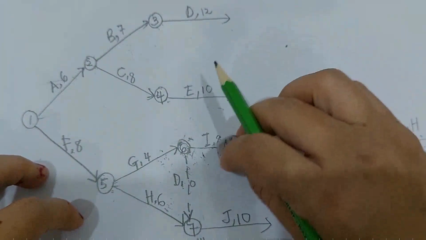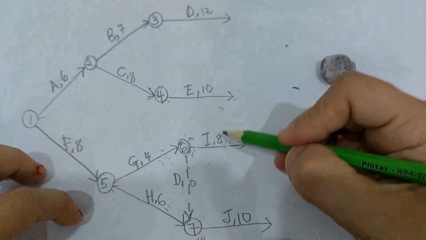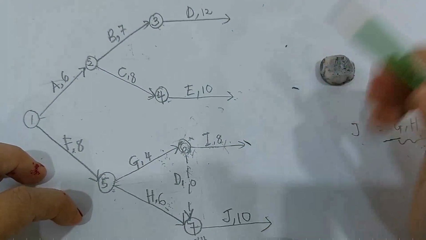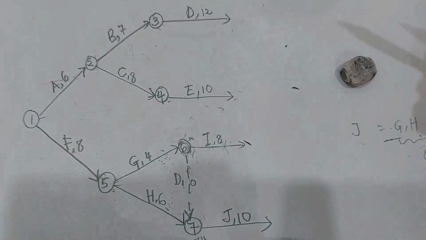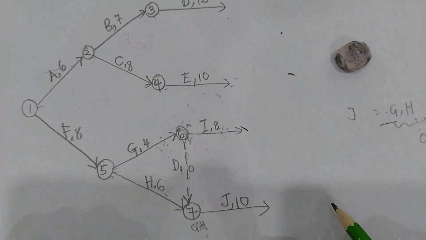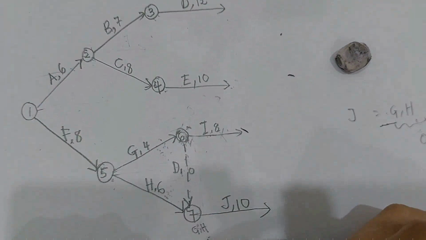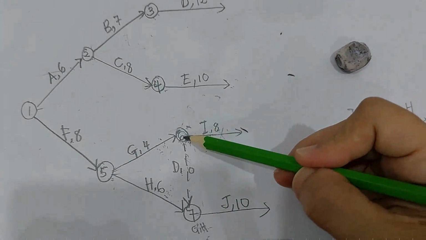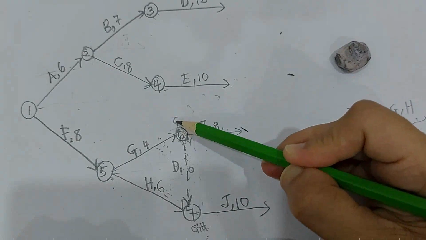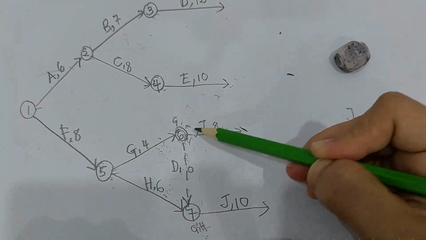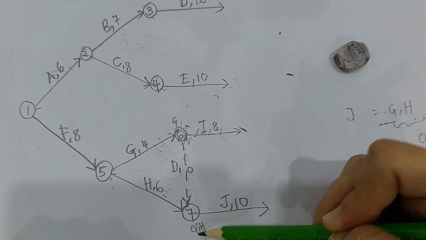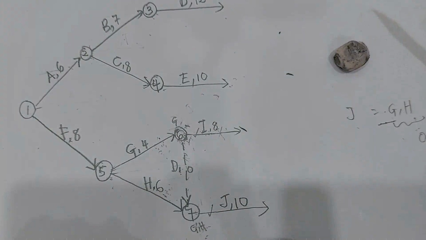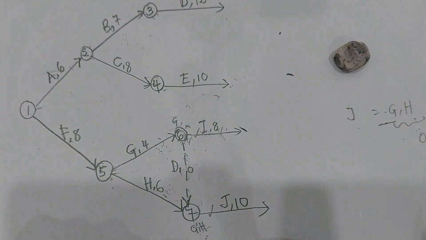Okay, then because of that, your I is correct and your J is correct because the combination of G and H happens over here. So this node belongs to G and H. And this node belongs to G alone. So I is from G, I is correct. J from G and H, so J is also correct.